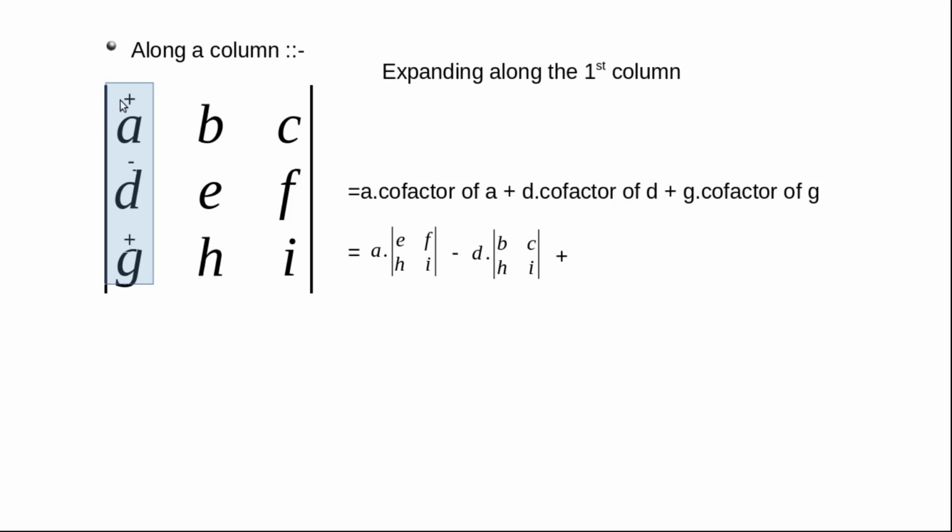Suppressing the row and the column containing g will give B, C, E, F, so g into B, C, E, F. And then expanding the determinants, we get a into EI minus HF minus d into BI minus CH plus g into BF minus CE. So this was the expansion of a determinant.